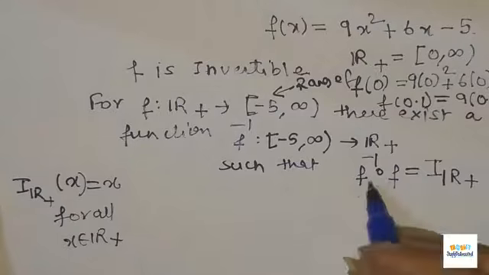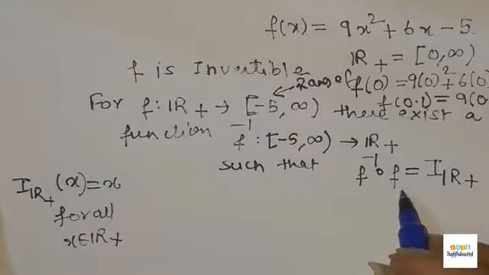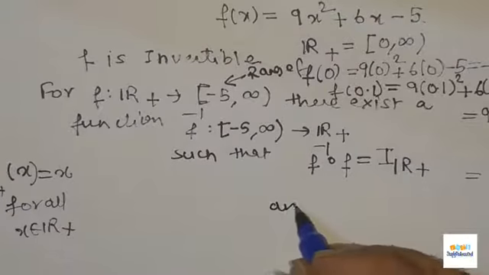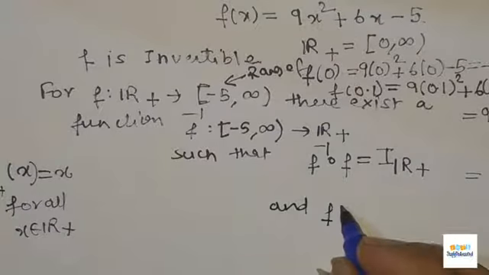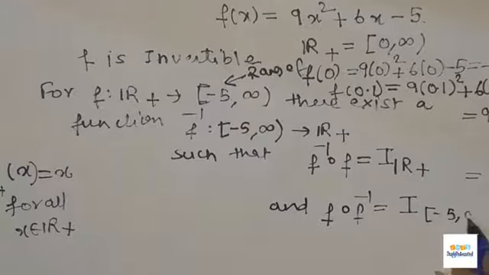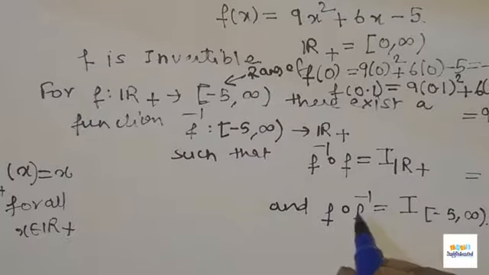So f inverse composition f, we have to prove that it is equal to I R plus, and f composition f inverse should be equal to I of [-5, infinity), because you have to take the value here, that means in the domain of f inverse.